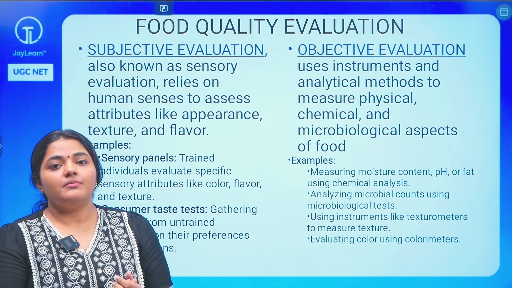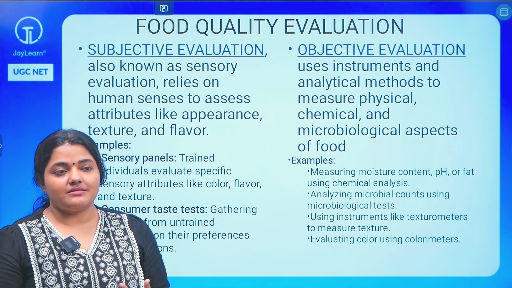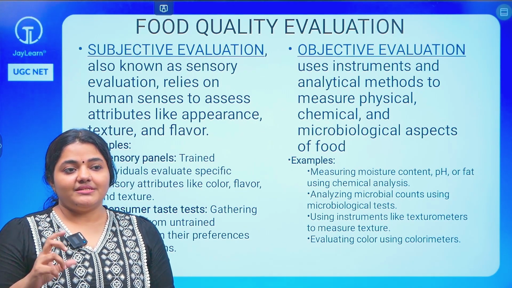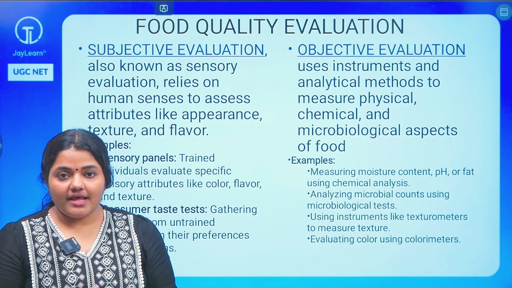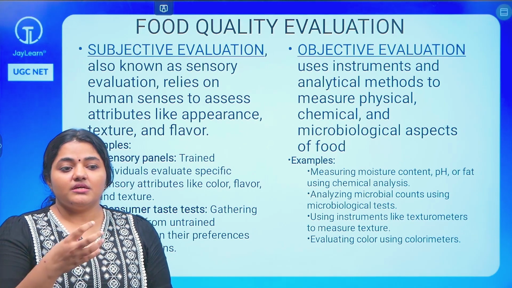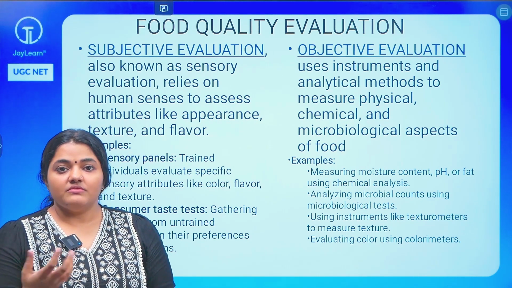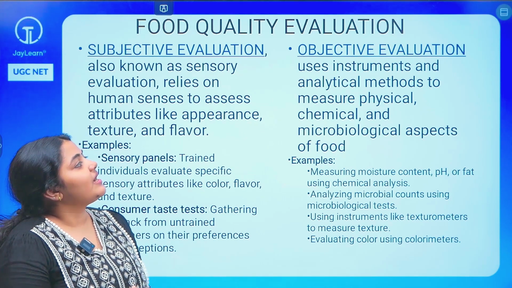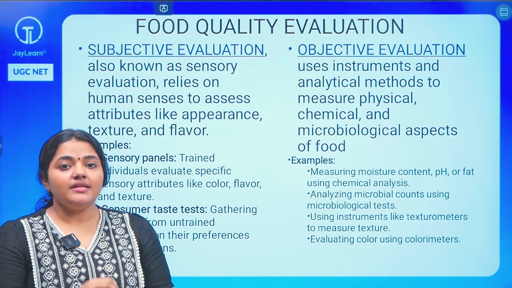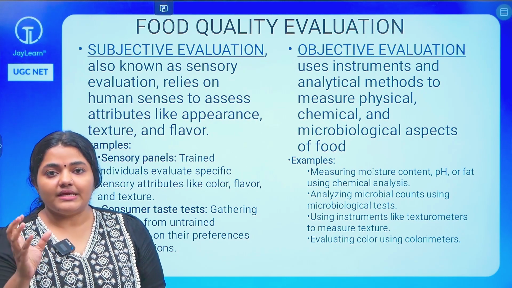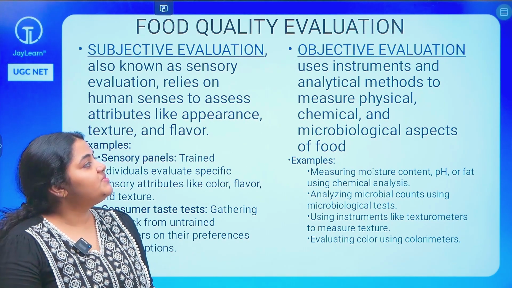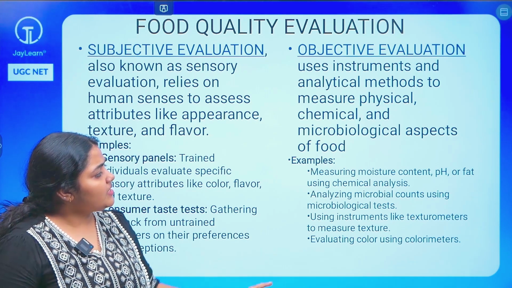Not only that, there is also microbiological testing and physical testing, such as the texture analysis of the food, the viscosity, and the sugar concentration, which is the Brix value. All these come under objective evaluation, when we use an instrument to assess the food.